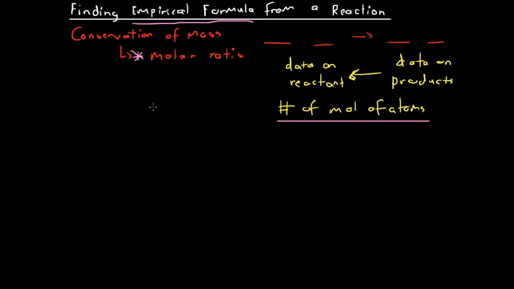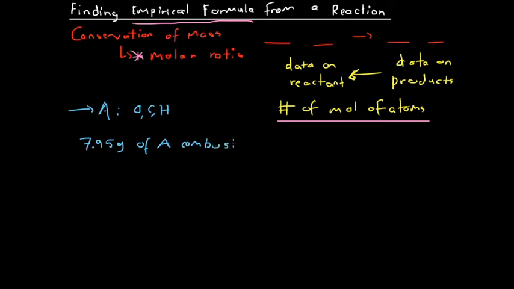Let's say we're given a compound A, and A contains oxygen, carbon, and hydrogen, and we want to find the empirical formula of compound A. We're told that 7.95 grams of compound A combusts. The combustion reaction is basically the reaction of compound A with oxygen.